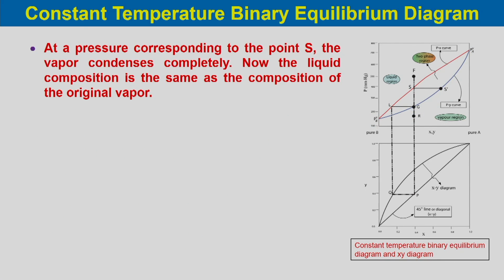At a pressure corresponding to the point S, the vapor condenses completely. So, you can see, if you go vertically, all the vapor corresponding to this point at this pressure will completely condense. Now, the liquid composition is the same as that of the original vapor composition, that is over here.